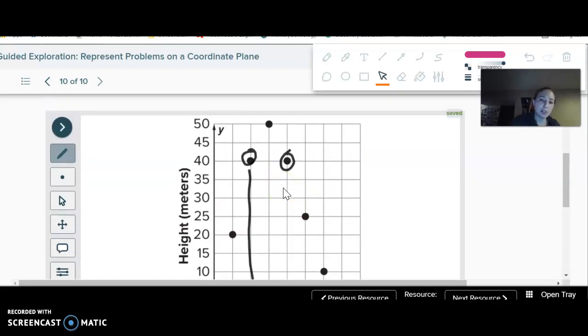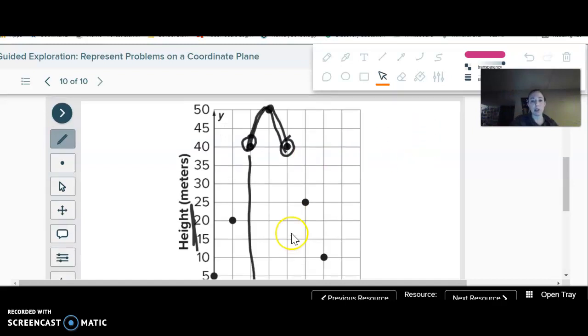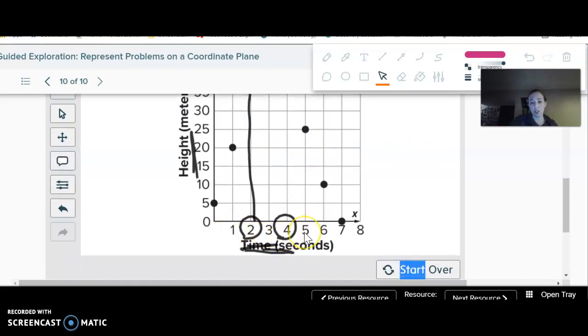So what happened from here to here? Well, this tells me height, so it looks like they started at 40 meters, went up to 50 meters, and then went back down to 40 meters. So if you think of a roller coaster, that part where you go up to the very top and then start dropping, that must be the part that happened from 2 seconds to 4 seconds.